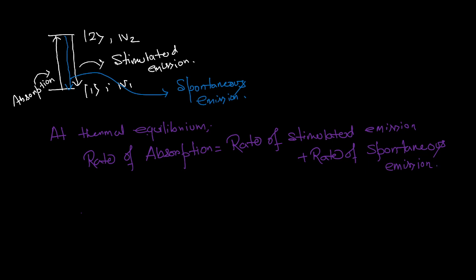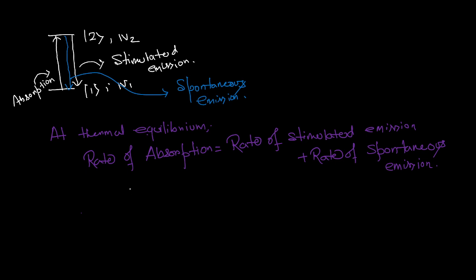Now, for the rates, absorption is a transition from 1 to 2, while emission is either 2 to 1 by spontaneous or 2 to 1 by stimulated. The rate of absorption from 1 to 2 depends on the number of molecules present in state 1, a coefficient B12, which is the rate constant relating state 1 to state 2, and the radiation density ν.